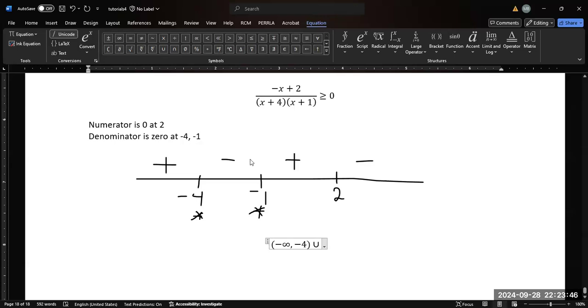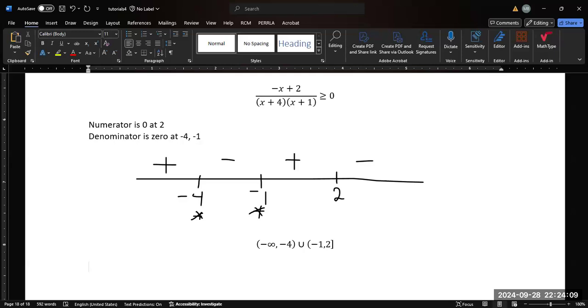I can't use 0 in the denominator. And then my interval picks up again at -1. -1 is also from the denominator, so I can't put a square bracket on it. But then I can go all the way up to 2, and that can take a square bracket because that's where the numerator is 0, and that will make the whole expression 0.